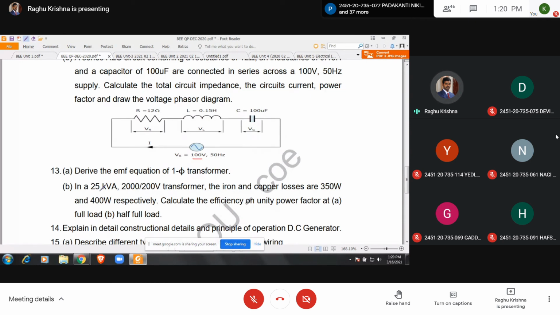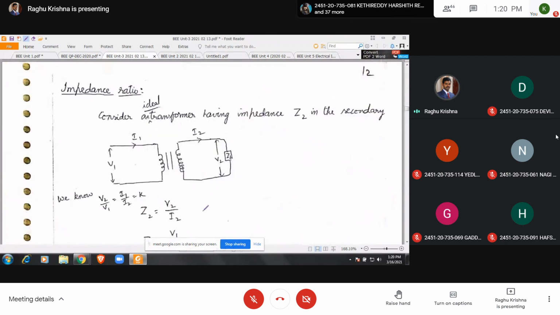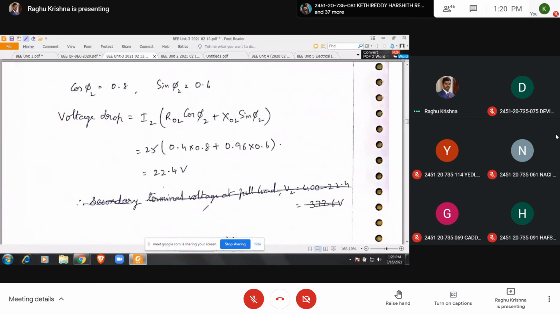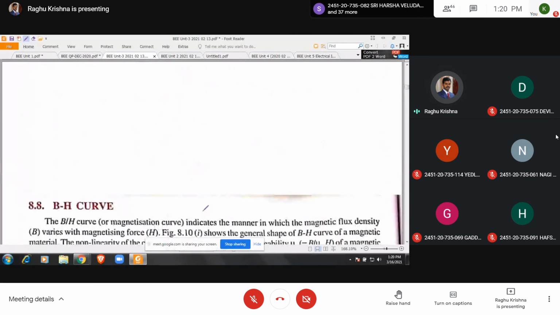So next, derive the EMF equation of a single phase transformer. So let us see this one. So single phase transformer.